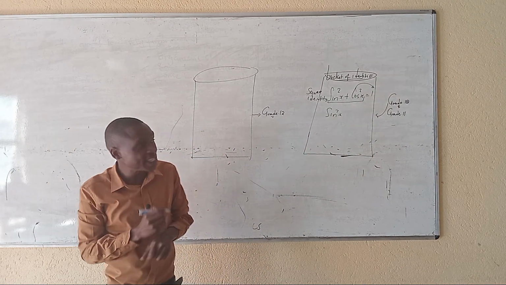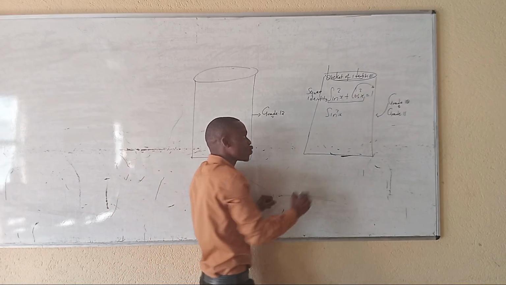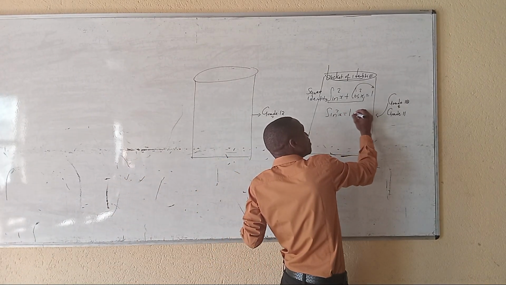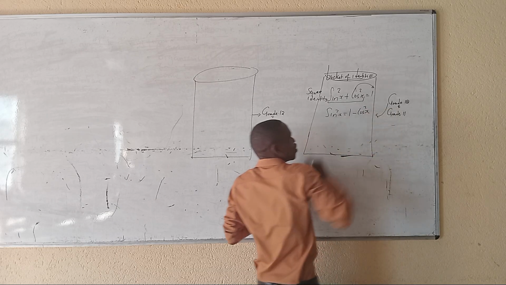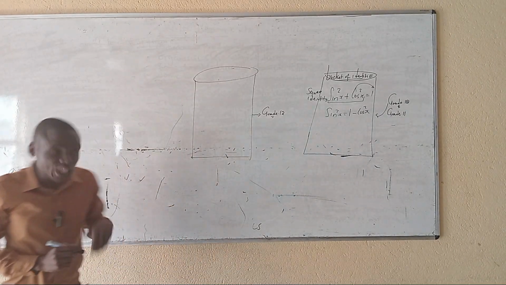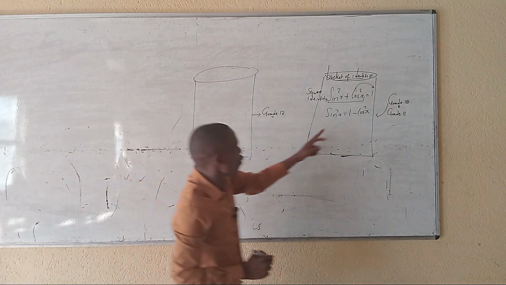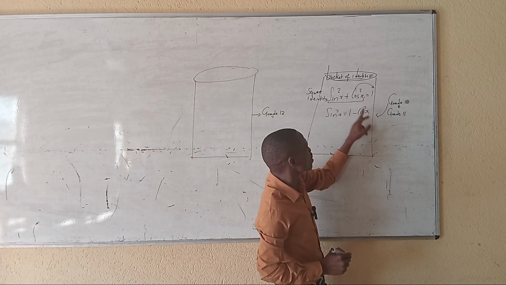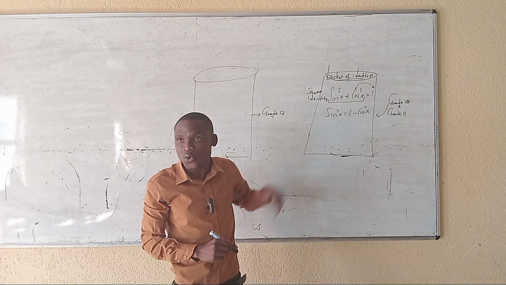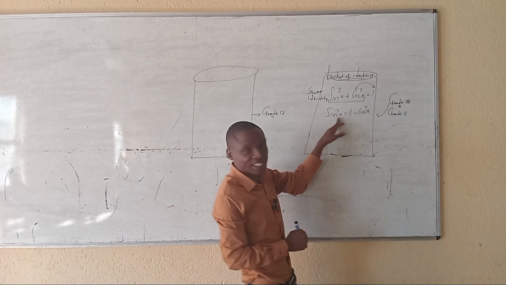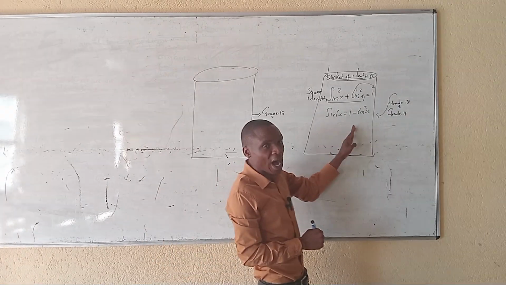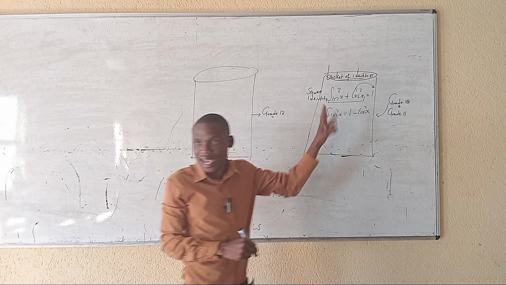We can say sine squared x is 1 minus cos squared x. Which means that when you see 1 minus cos squared x, you have a right to substitute it with sine squared x.